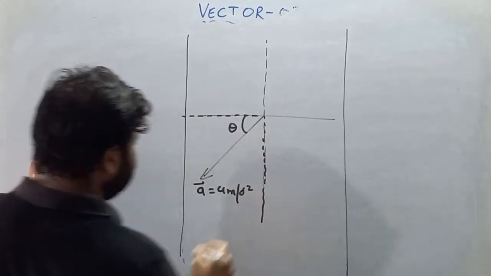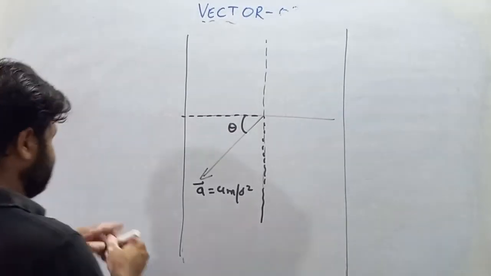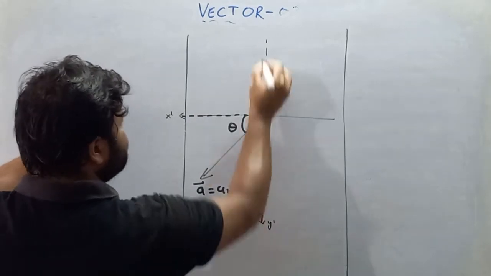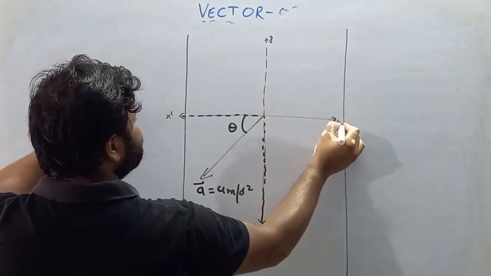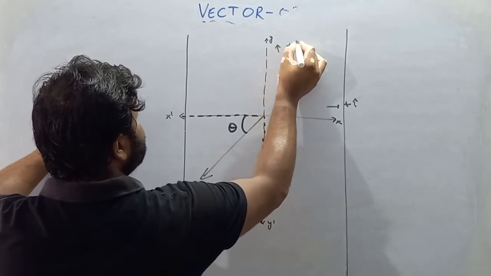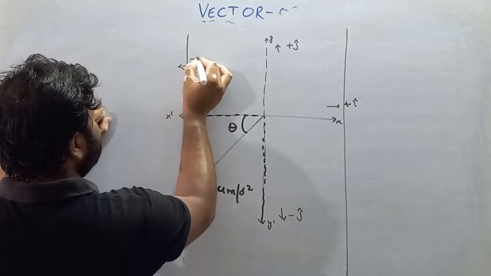Now we know that any vector quantity, if it cannot lie along the x-axis or the y-axis, this is x dash and this is y dash, this is y and this is x. Along this plus i cap, along this plus j cap, along this minus j cap, along this minus i cap.